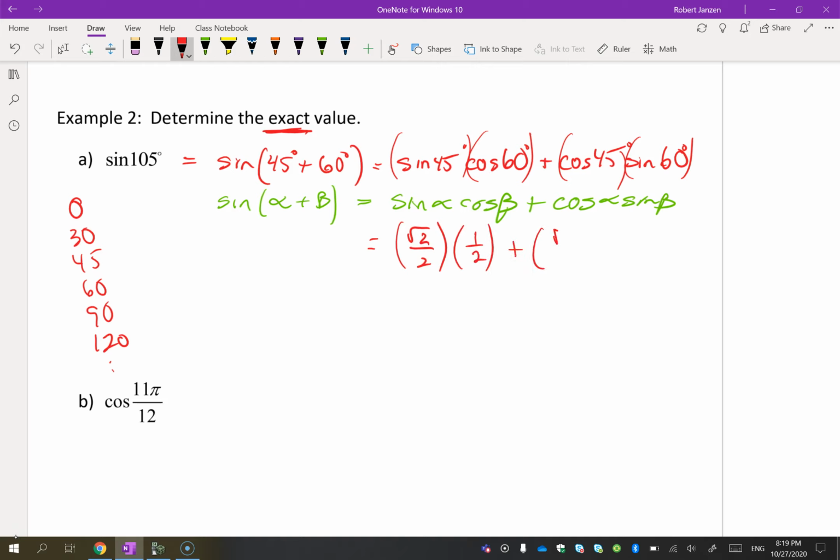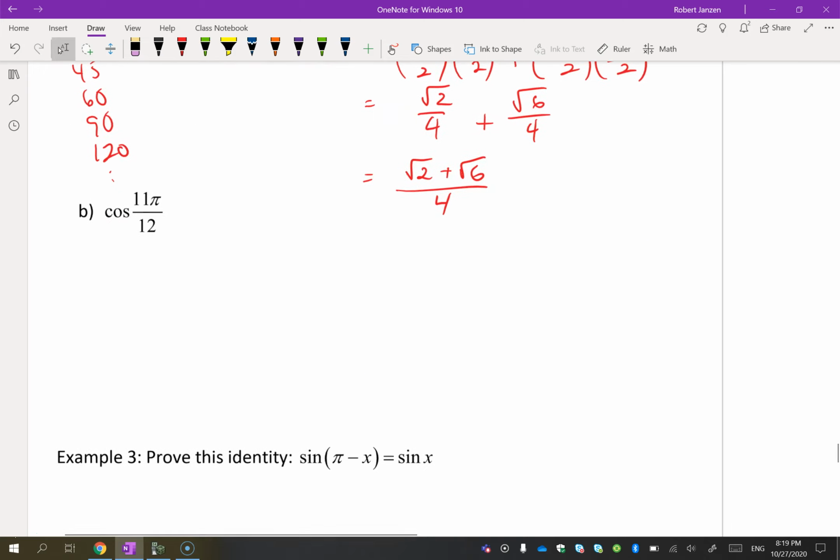I know cos 45 is root 2 over 2. And I know sine of 60 is root 3 over 2. So this is going to be root 2 over 4 plus root 6 over 4. And they should always have common denominators for you already. You don't need to simplify. You can just put it together like that.